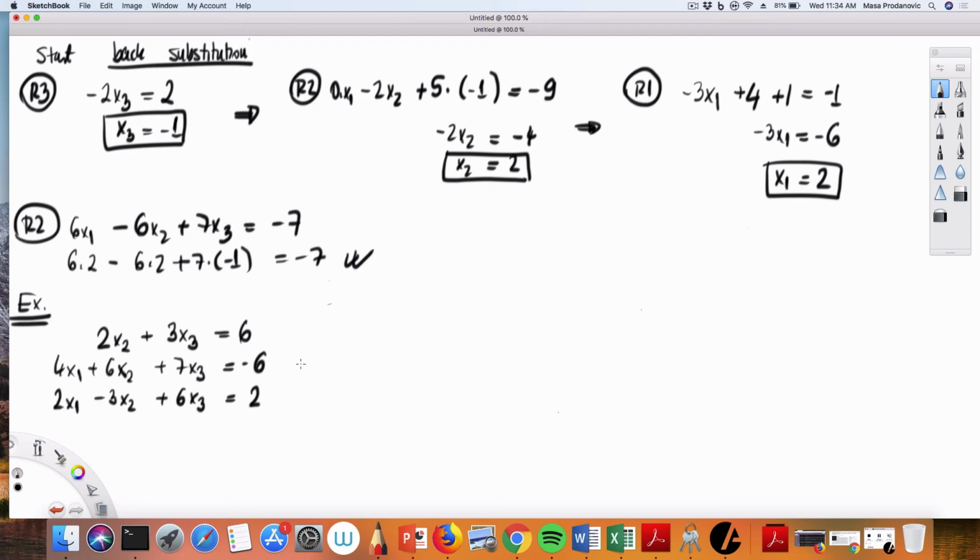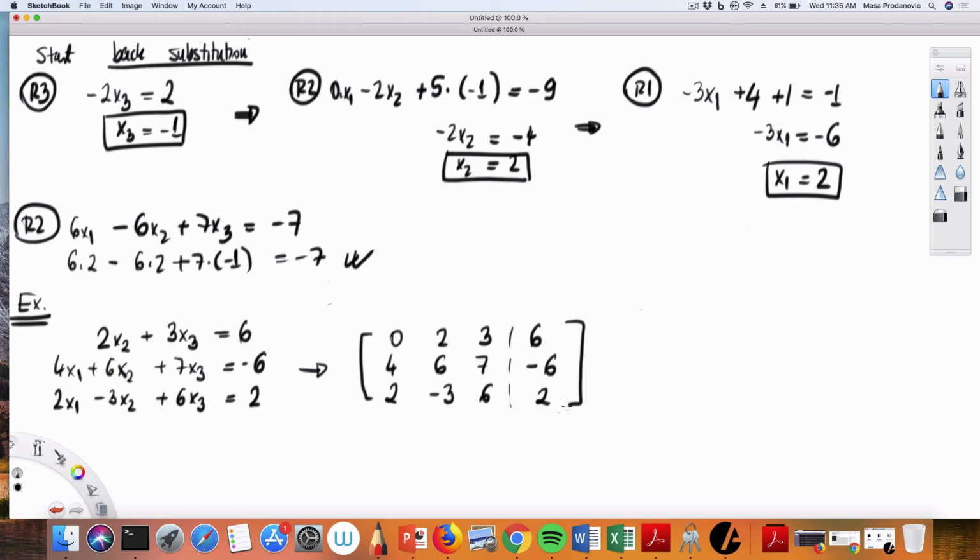So I can put this into my augmented form so I don't keep writing things that I don't feel like writing. So now I want to make this an upper triangular form. What do I do?